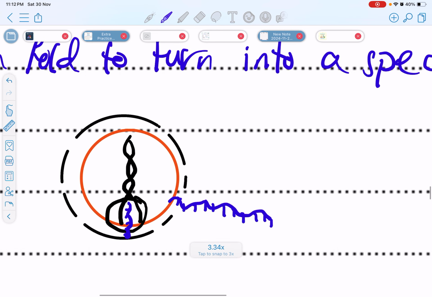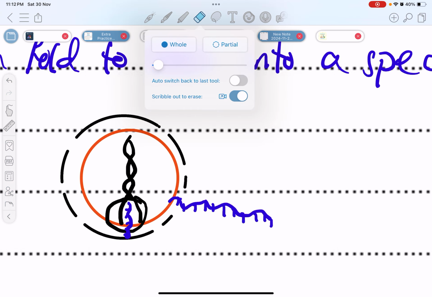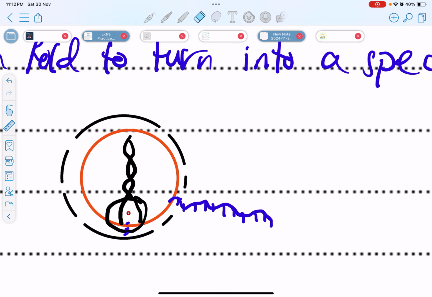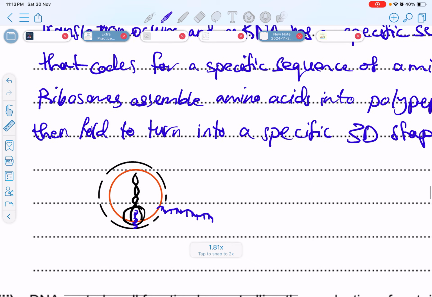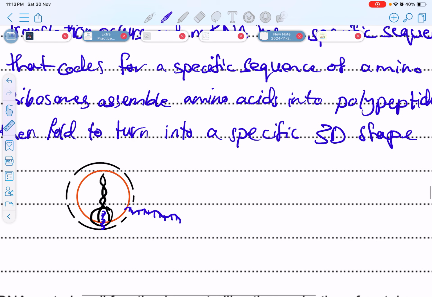The drawing isn't clear. Okay, I'm going to draw it again. And here, the lines. So this mRNA forms and gets out of the nucleus through the nuclear pores.